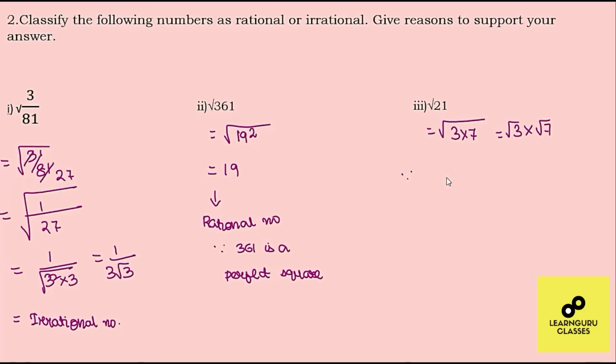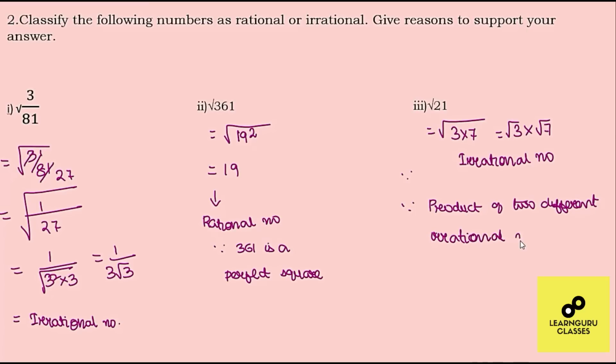So that will give you an irrational number. Why? Since the product of two different irrational numbers will give an irrational number.